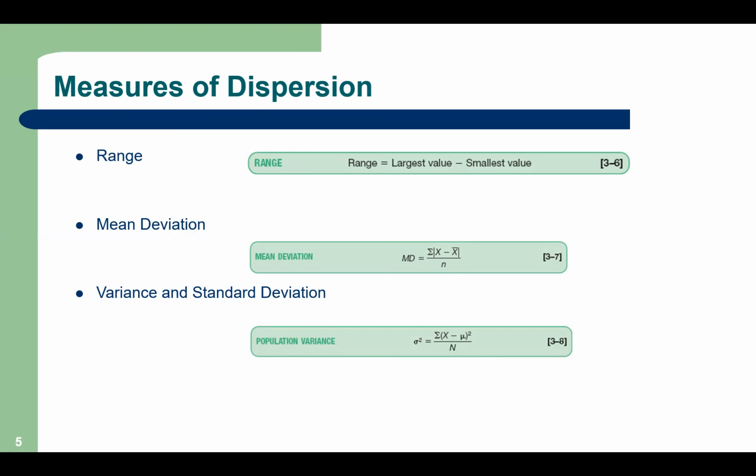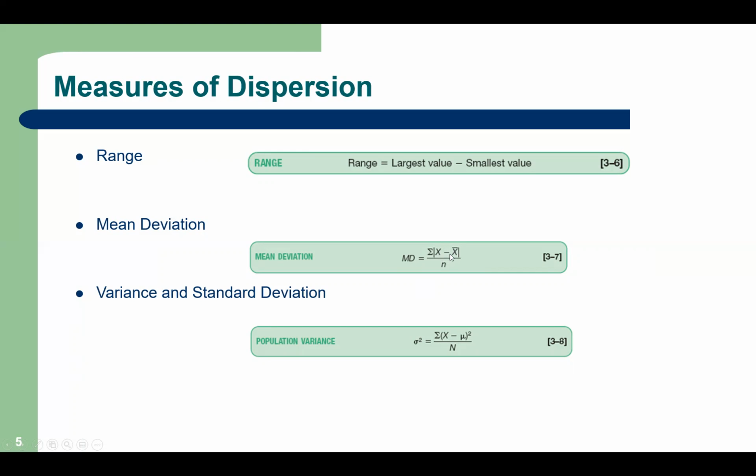The formula or the mathematical equation to calculate range is that we subtract the smallest value from the largest value. The other one is mean deviation. It is represented by MD, and it is the sum of absolute values of x minus x bar, where the two lines show absolute values and x bar represents the mean.